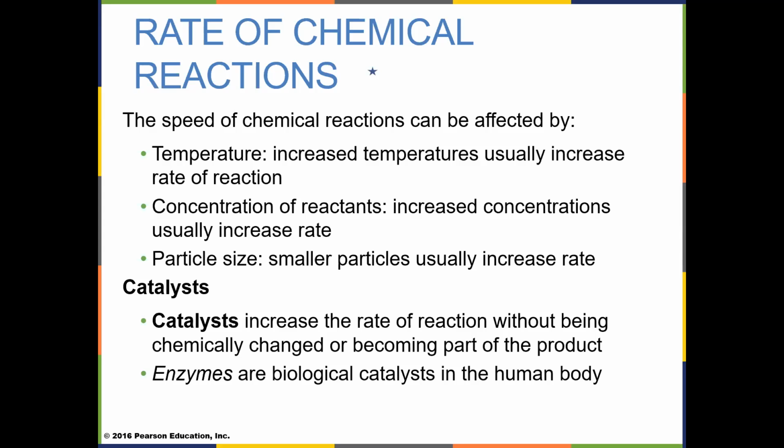Now, since our bodies are stuck at 98.6 or 37 degrees Celsius, we can't change the body temperature. We know that during a low-grade fever, we see more efficiency in metabolic activity.